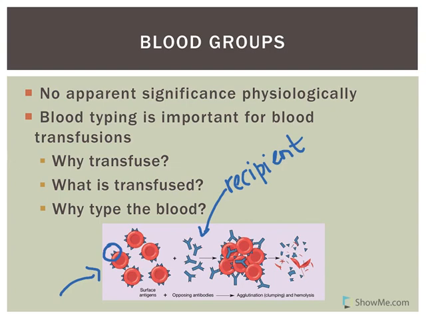So what we're trying to avoid when someone's getting transfused with blood is a transfusion reaction. Because of the hemolysis and the clumping, it could be a fatal condition. So we're always going to try to properly match the blood types.